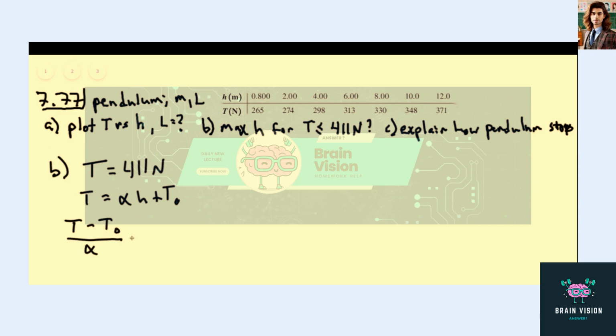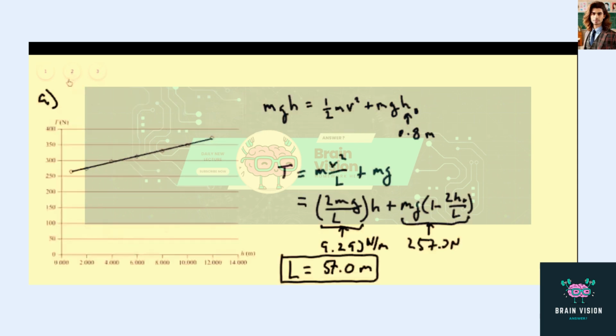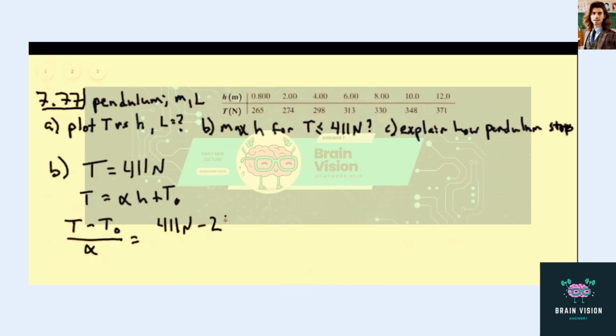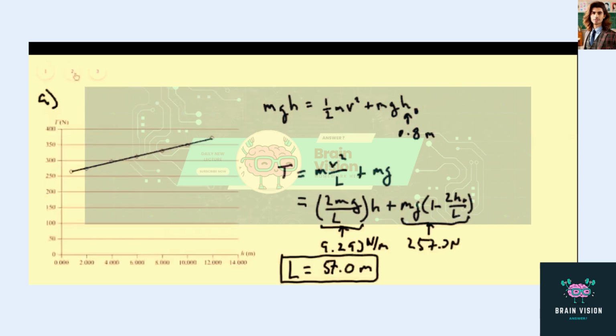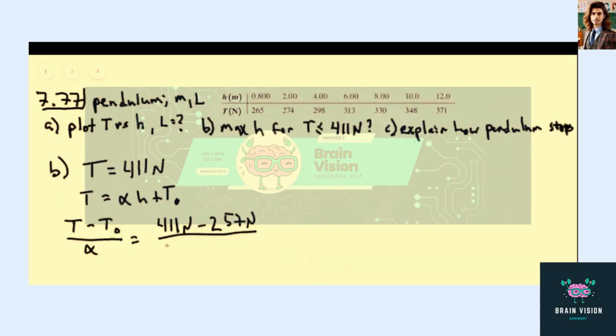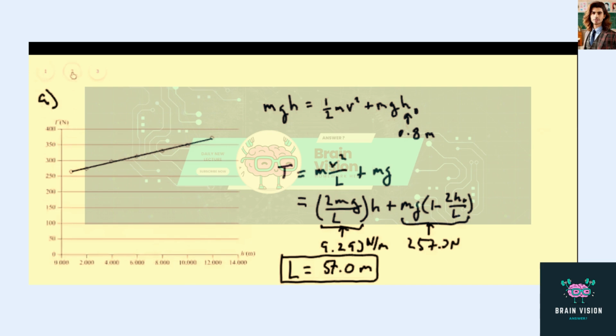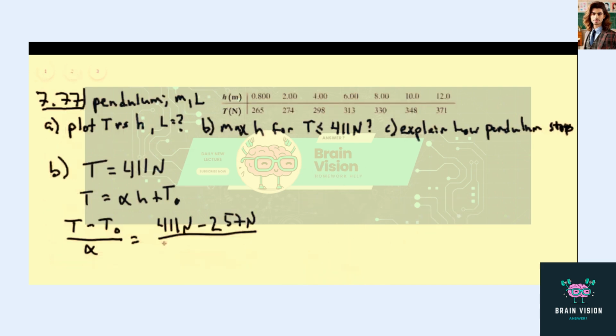So H is T minus T naught over alpha. So this is 411 newtons minus 257 newtons divided by 9.293 newtons per meter.